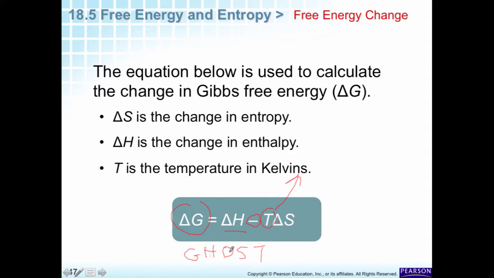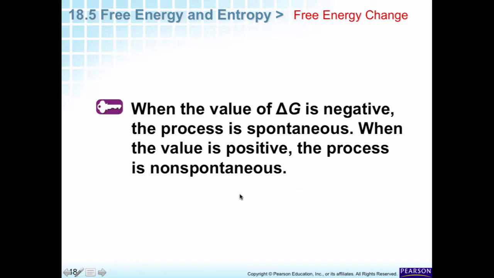The 0 kind of is my minus sign, and then I change the T and the S around so I know to put a delta S, because the H, the G, and the S always have a delta in front of it. The ghost is a nice device that I use to show me what the reaction is. Now, this is the important part to remember. If delta G is negative, the process is spontaneous. If it's positive, it's non-spontaneous.